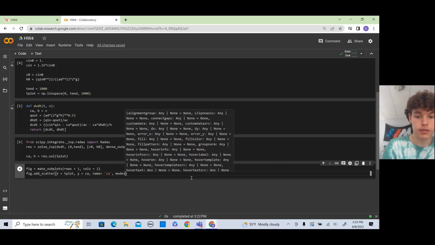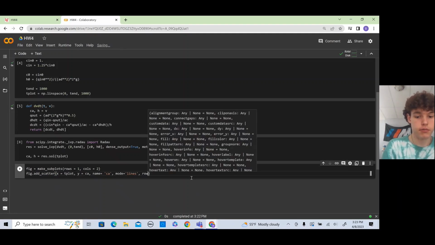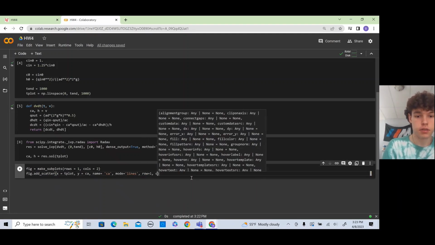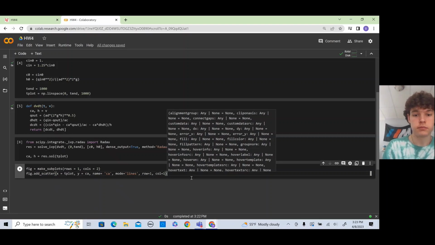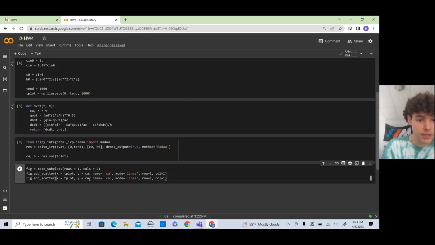Mode will be lines. We'll put this in row 1, column 1, and we should be able to just take this and make this our height. Height, name H, lines, then row 1, column 2.